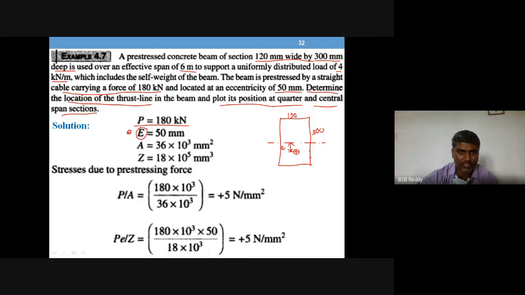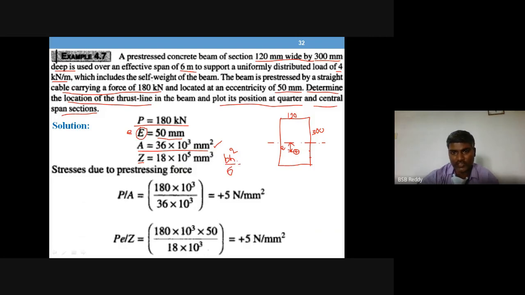It is small e, eccentricity value 50 mm, capital A, cross-sectional area 120 into 300, 36 into 10 cube mm square, and Z value I by Y, or either you do it by BH square by 6 or BD square by 6, whichever notation you follow.